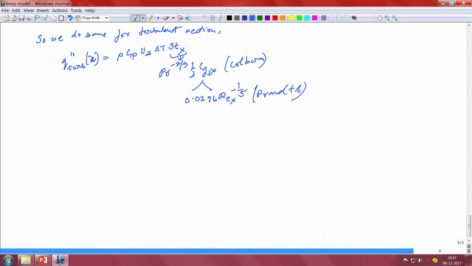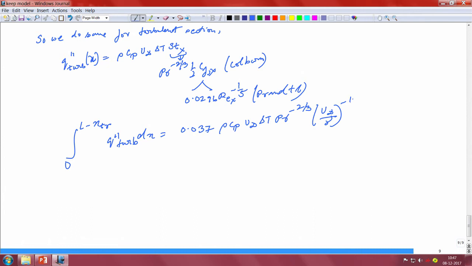Okay. So, integrating from 0 to L minus XTR of Q turbulence dx is equal to 0.037 rho Cp u infinity delta t Prandtl number to the power of minus 2/3, u infinity by gamma to the power of minus 1/5, times L minus XTR to the power of 4/5.